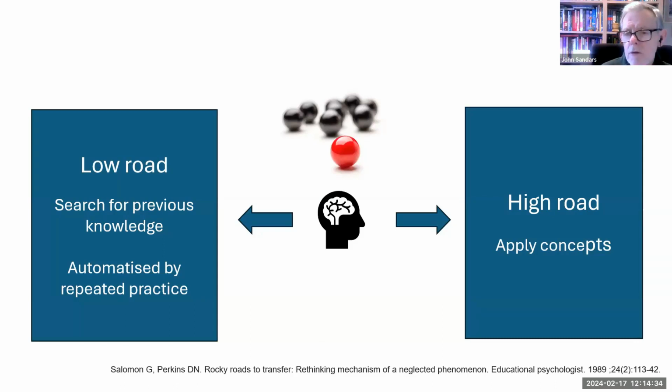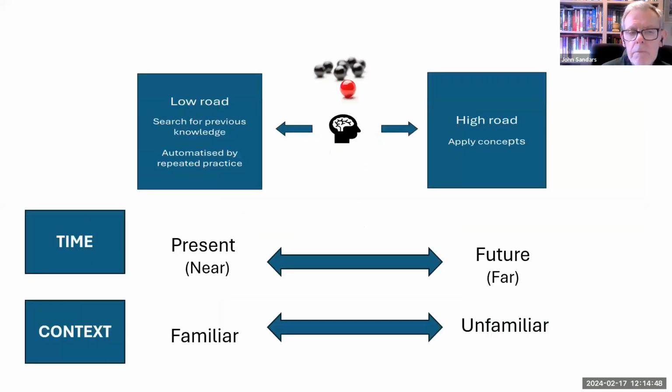High road transfer of learning, you can't apply repeated practice to the same extent. What you need to have is a good conceptual understanding. So for low road, where you can rely on just repeated rote learning, repeated opportunities, it's great for near transfer.